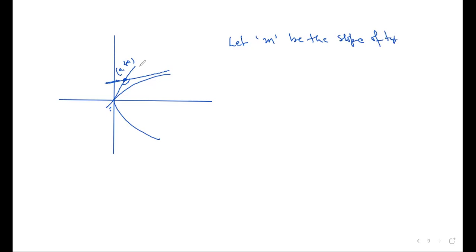If you want, you can do this directly. Can I teach you the direct method? If the slope of this is m1, what all things have they asked us to calculate? Find the equation of tangent. So the equation you have to calculate. So y is equal to mx plus a by m.